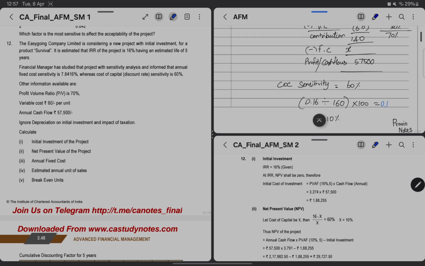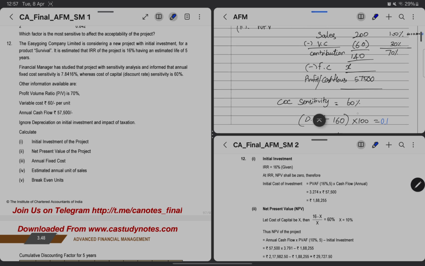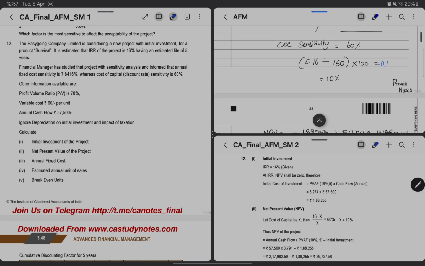So at 16 percentage the NPV is 0, so 16 percentage divided by 160 into 100, we will get the cost of capital, which will come up to 10 percentage in our case. So 10 percentage is the cost of capital.